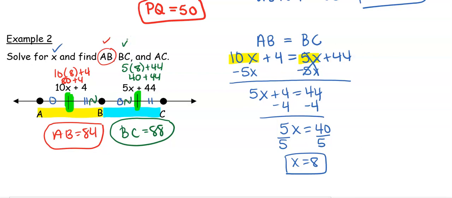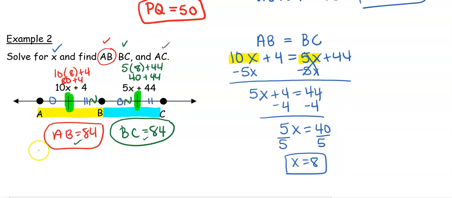They're equal. They are congruent. So if we knew that AB was 84, that meant that BC also had to be 84 because the two segments were the same.